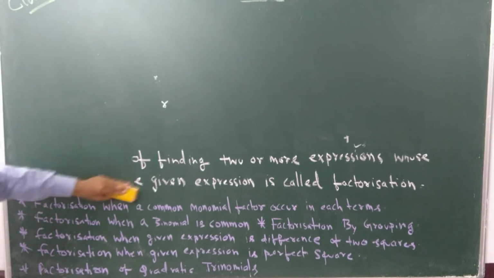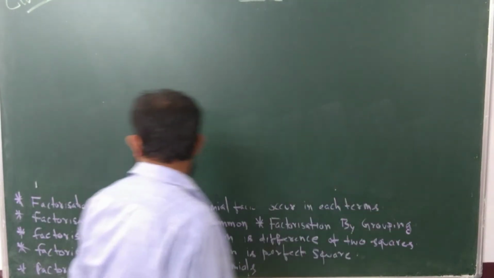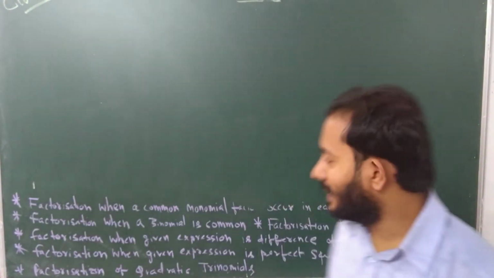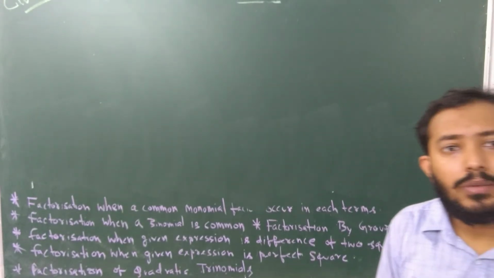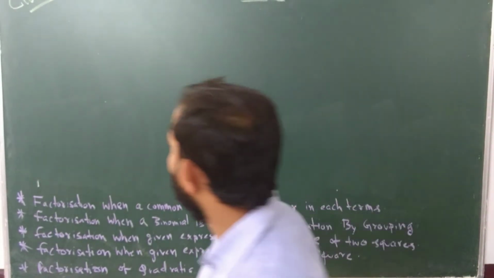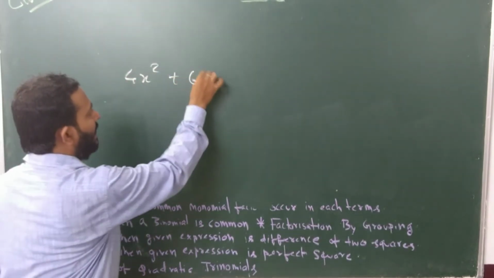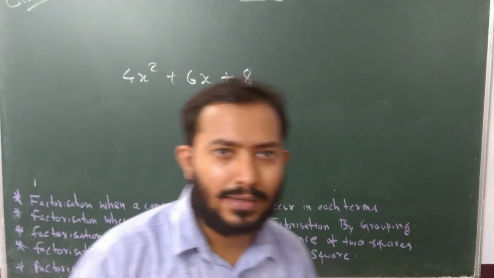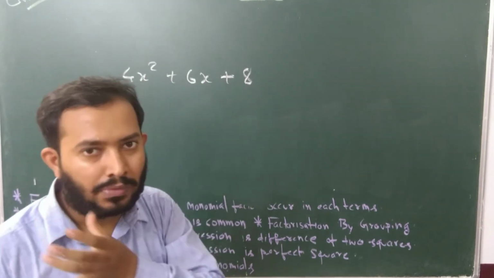The first one is where a common monomial is there in each term. Common monomial means, like if I take 4x square plus 6x plus 8, you can see that it is a trinomial with 1, 2, 3 terms.